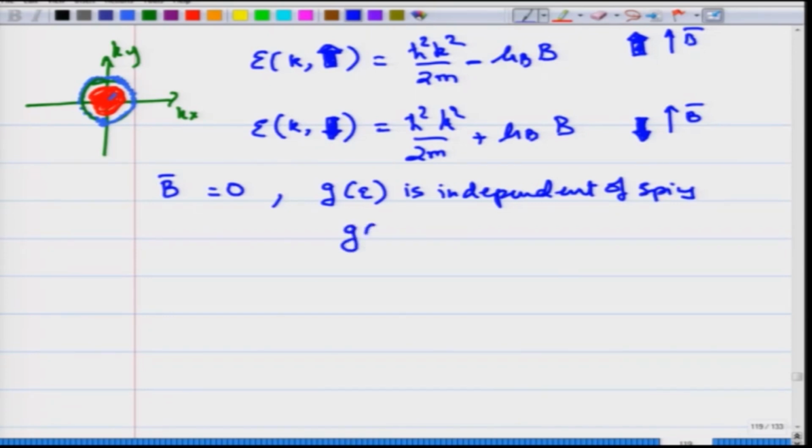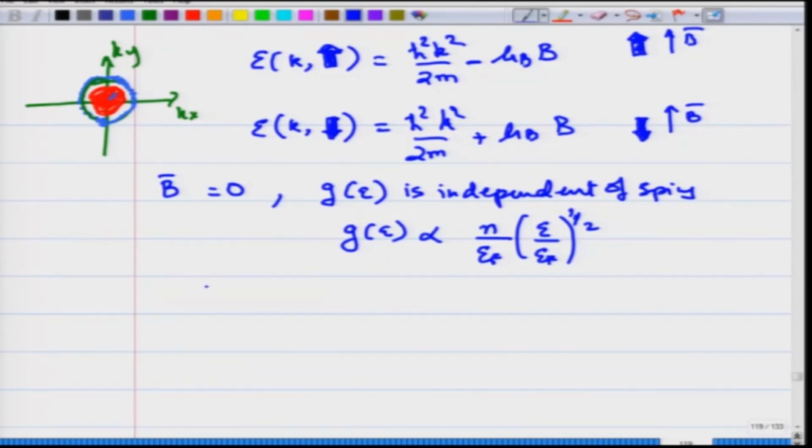If you recall, the density of states is proportional to the density of electrons n by Ef, E by Ef raised to half. There is no component which is related to the spins, it just depends on the energy of the electron. And so, there is no spin dependence.